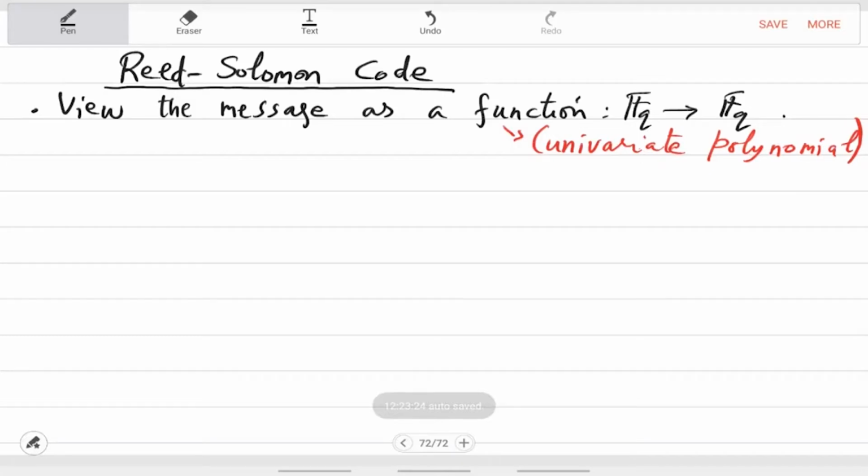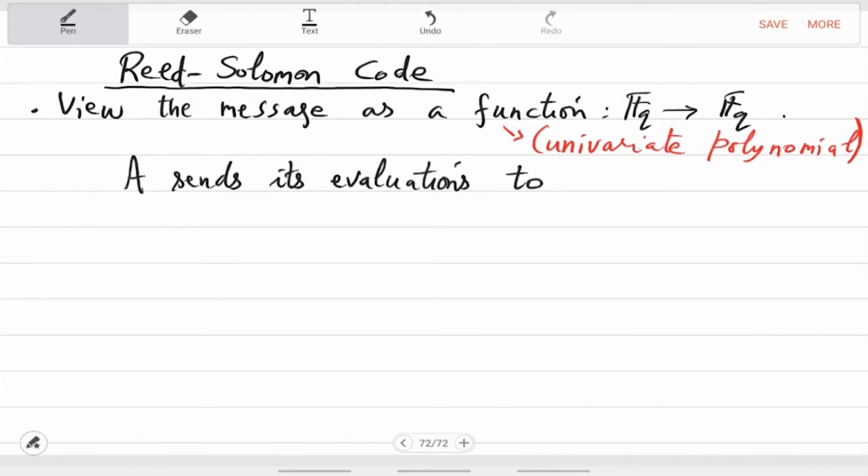From that, the function has to be learnt. Yeah, so it is not very easy to see at this point why this thing is possible. Okay, so we'll go through this slowly and send the evaluations. So A sends its evaluations to Bob.